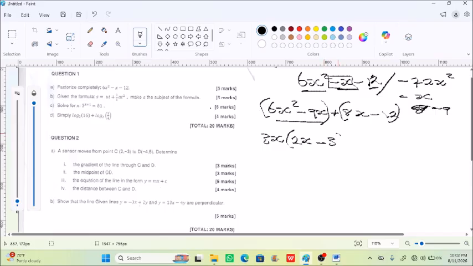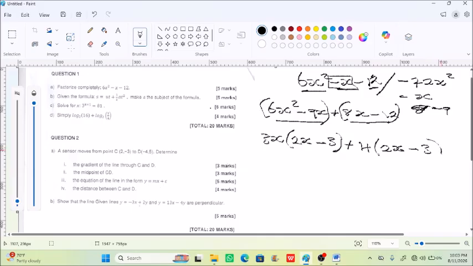We close the parenthesis, plus. Now for 8x minus 12, what is common? It is 4, because 4 goes into 8 two times and into 12 three times. So 4 into 8x gives 2x, minus 4 into 12 gives 3.